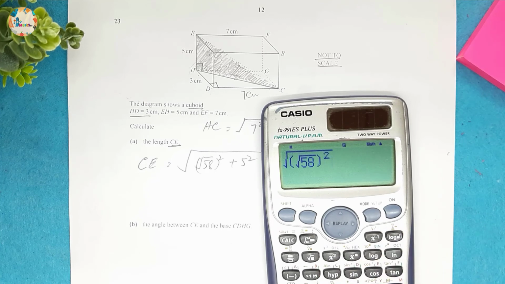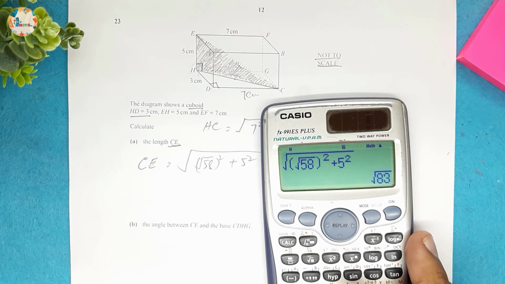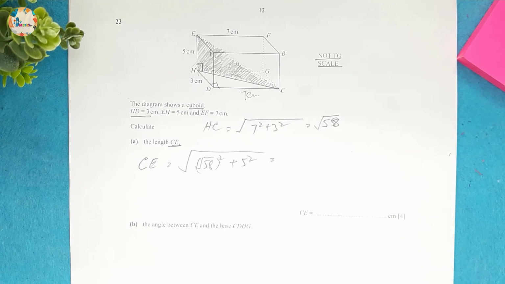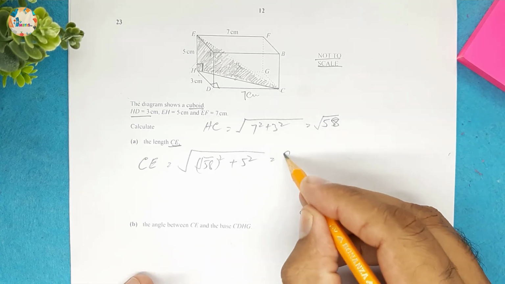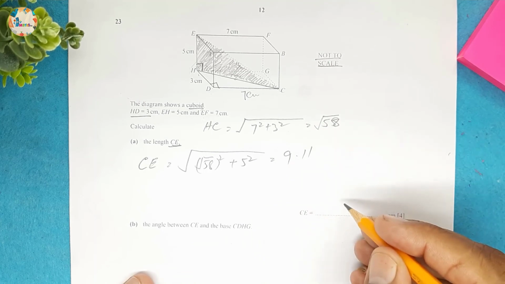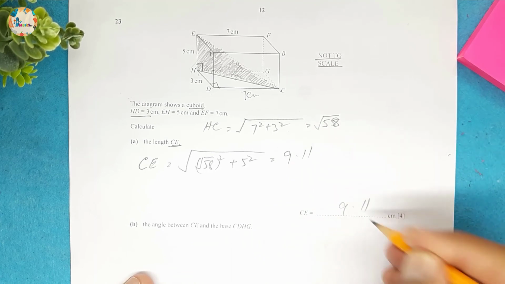Now it's correct. Plus 5 squared is equal to under root 83. We can check for the decimal value, which is 9.11. So 9.11 will be the answer.